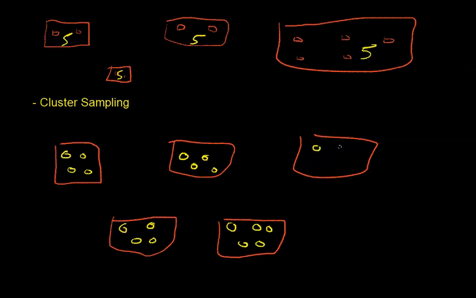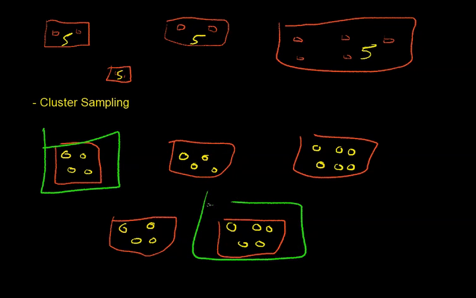Instead of just randomly selecting the different students, what we do is we randomly select entire classrooms. Okay, so in this way, we have avoided potential issues with pulling a student out of the classroom. So randomly selecting an entire group is what cluster sampling is.